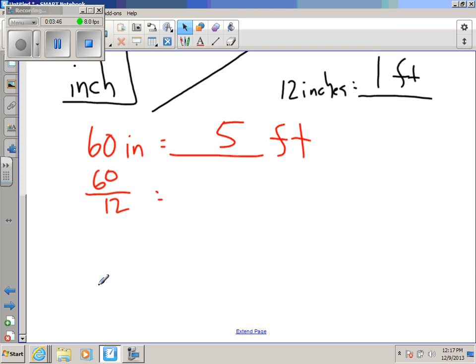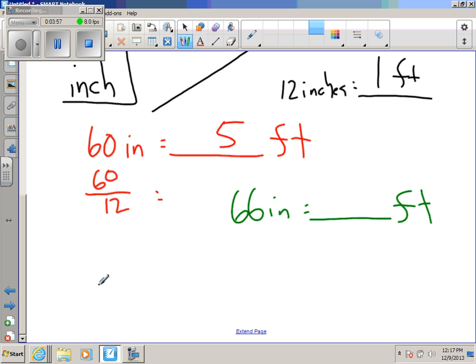But maybe not as useful there, but if I were to ask you for a situation where it does not work out evenly, you're going to be happy that you set it up as an improper fraction. Again, inches to feet, I'll divide by 12, and you'll say, okay, 12 goes into 66, 5 times gives me 60.